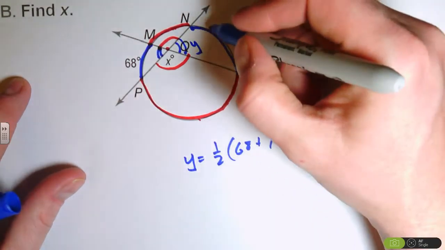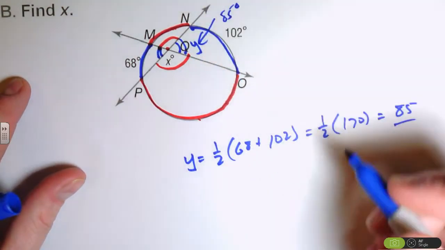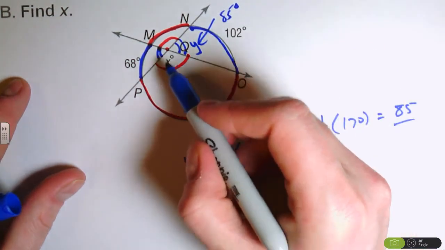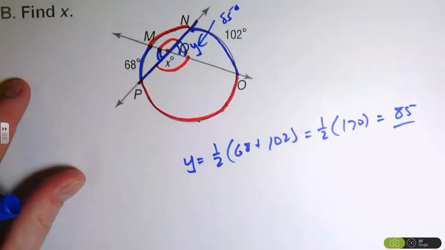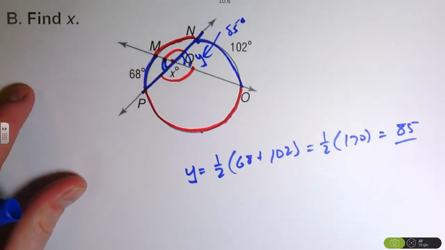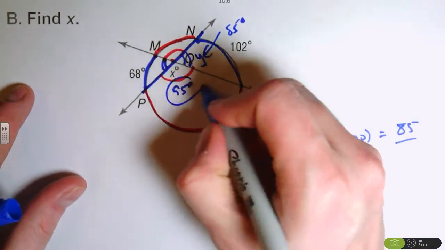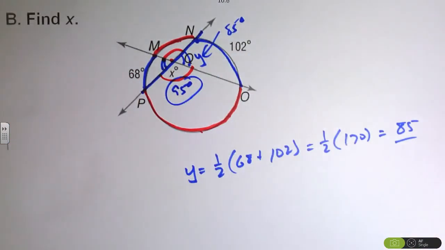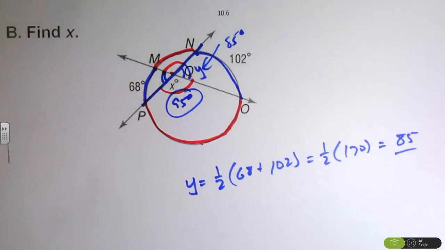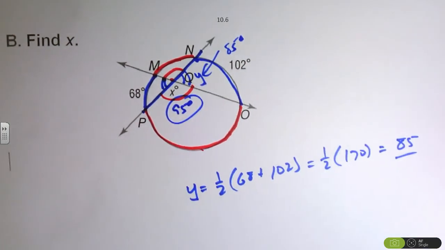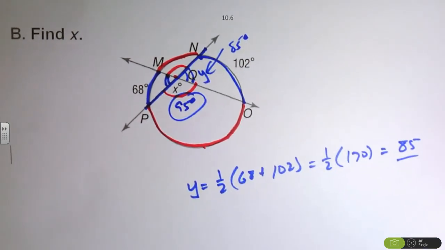Well, this angle here is 85 degrees, but that's not the angle I want. I want the angle next to it. Well, they make a line. So they're a linear pair, so they're supplementary. So x is 95 degrees. That's the easiest theorem, but that's the hard form of that theorem.